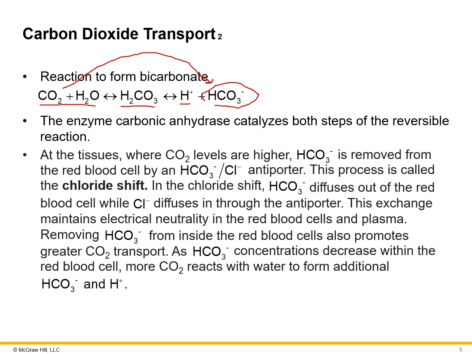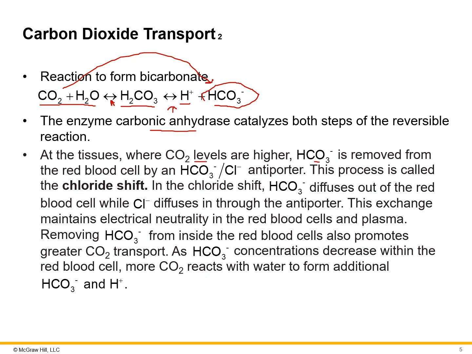And an enzyme is used for this called carbonic anhydrase that catalyzes both of these reactions, both carbon dioxide forming carbonic acid and the acid breaking down into the bicarbonate. So that's carbonic anhydrase.